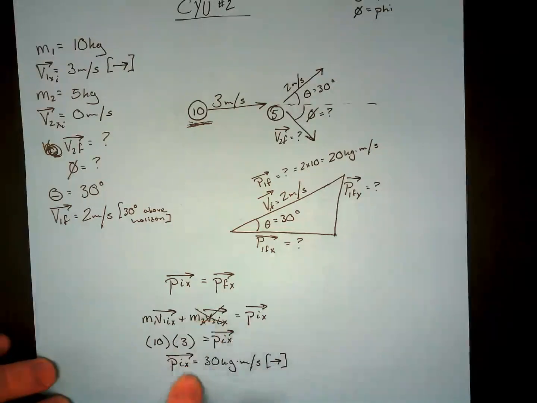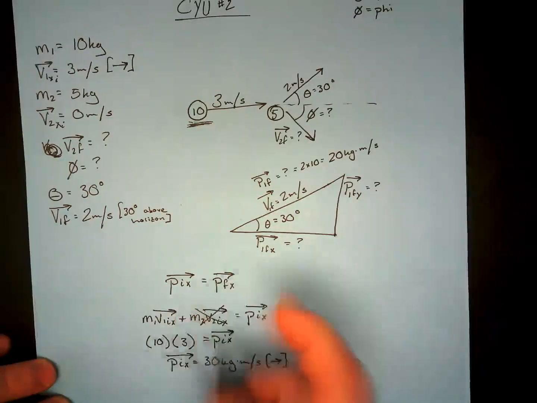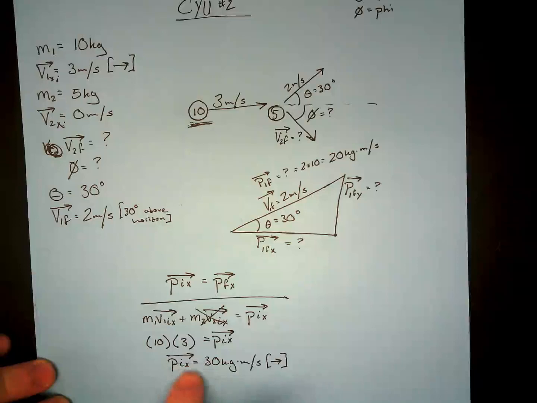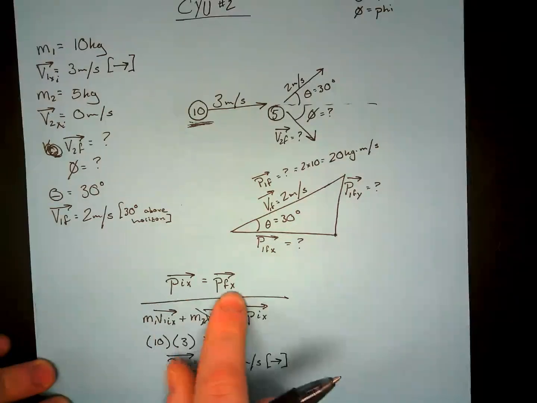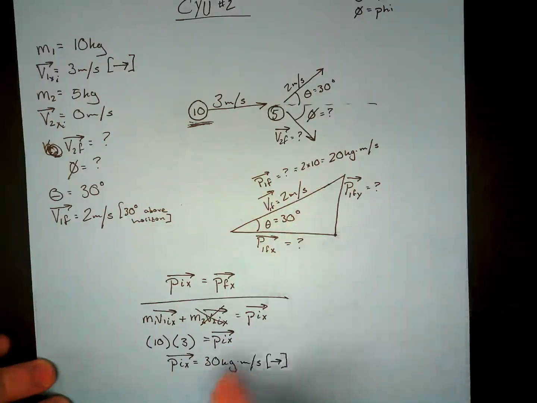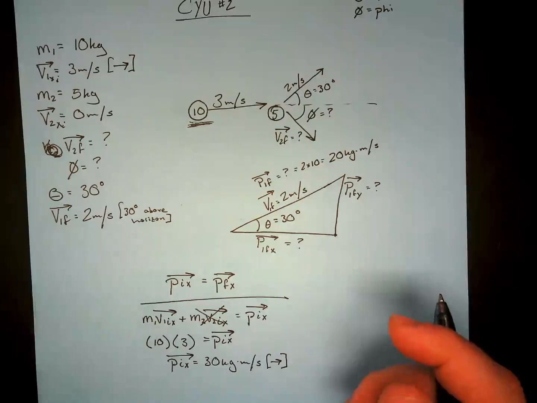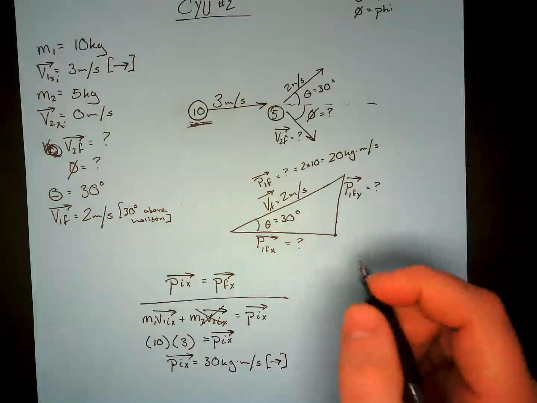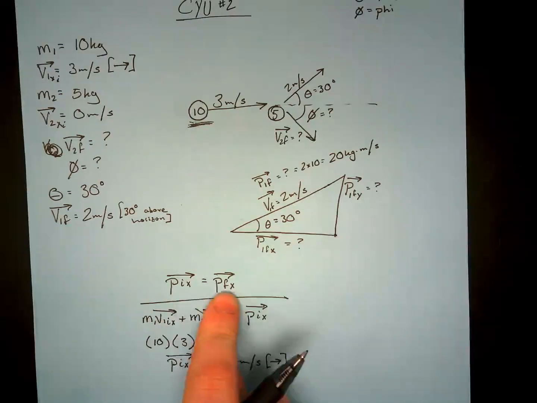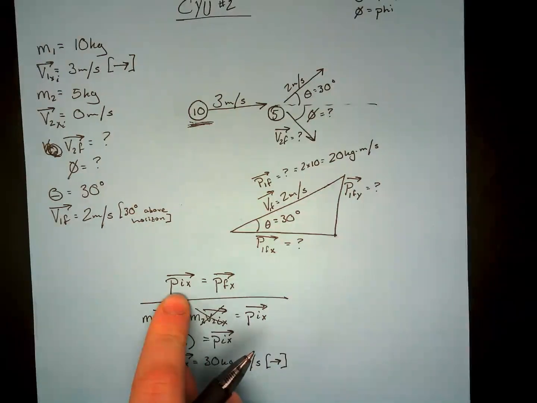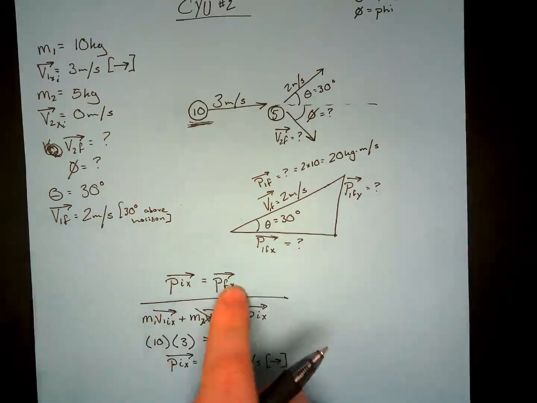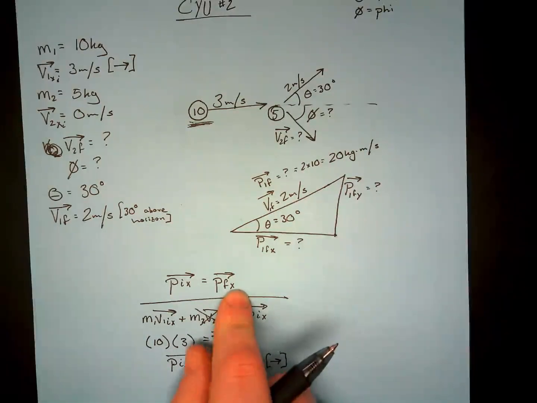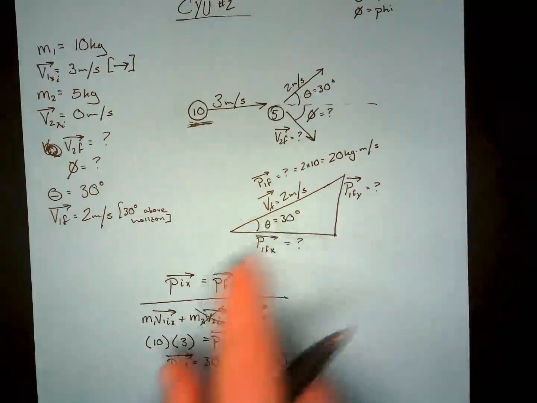Now I didn't find this right here using this. Okay, this is separate. I'm just saying we're going to be using this in order to figure out the final momentum for our second object, because that's what we need to figure out. So with this understanding, knowing that our initial x momentum is equal to our final x momentum, we can use this to find out all the stuff for this guy.